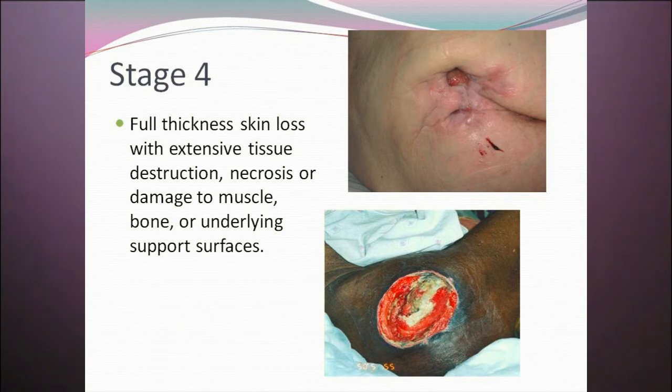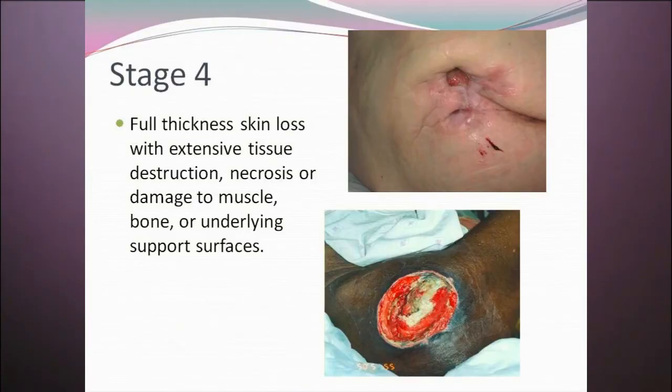The wound on the top is an elderly 90-something-year-old patient who developed a full-thickness pressure ulcer during a hospital stay. And if we were to take a Q-tip or sterile applicator and insert this into the wound, we would find that she has quite a bit of undermining and tunneling. And we will demonstrate that later, as I mentioned.